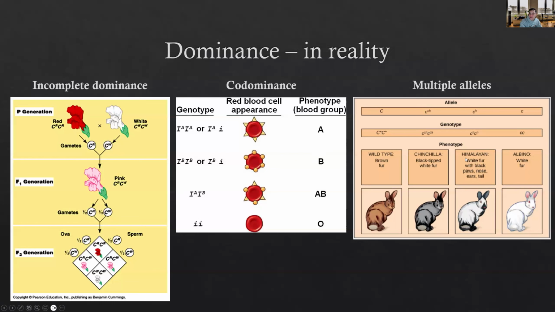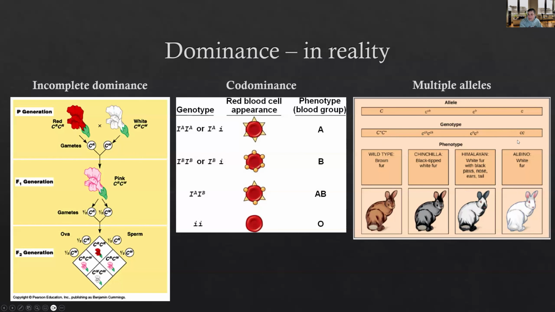The other thing we have to acknowledge is that in some cases, the classic example here is rabbit fur, you end up with multiple alleles. So what you can see here is, note the big C's here. When you end up with big C's, you get brown. Then you've got these, notice that they're small c, so they're recessive to this one.